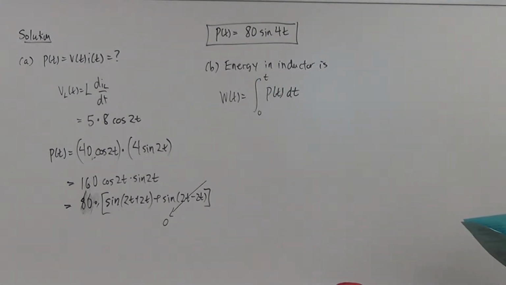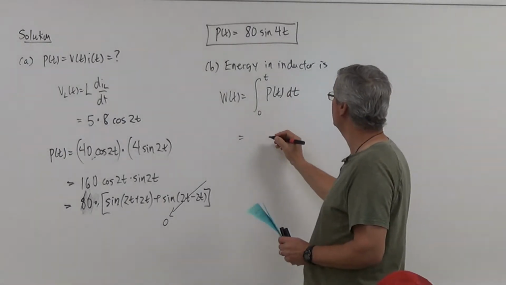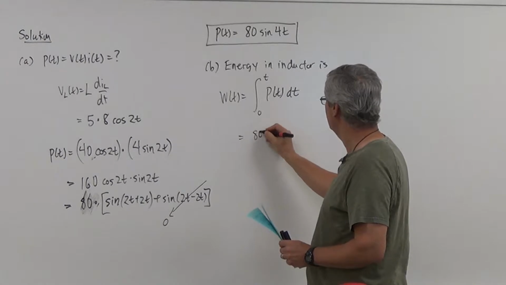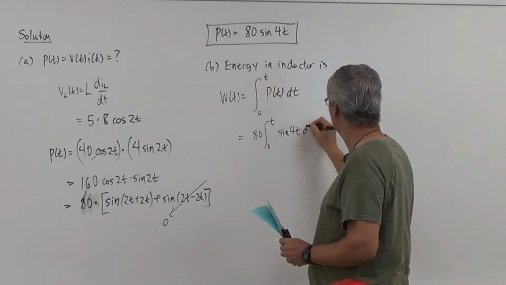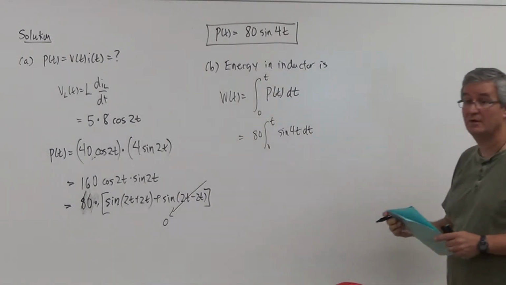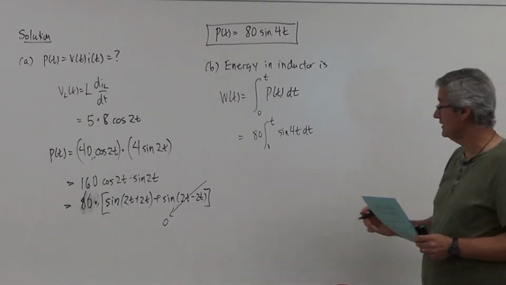Okay? So if I just plug in this value here, you're going to see here that I'm going to get 80 sine of 4t dt. So if I integrate sine here, you know I'm going to get a cosine from this term. Okay? So let's look at this.